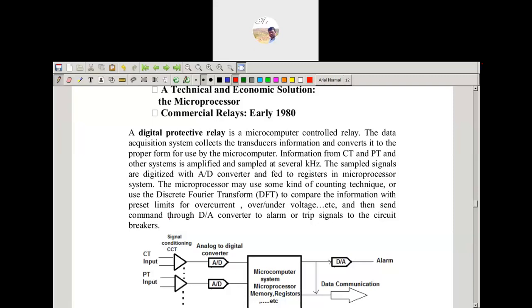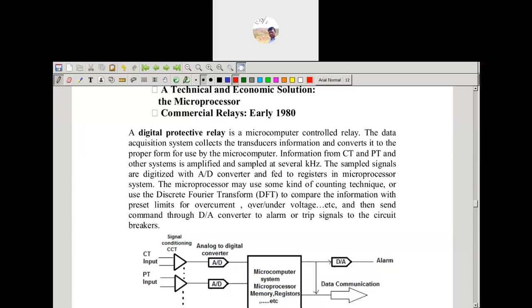That will be collected from the CTs and PTs, and by using the transducer it will be amplified, how much we need. The sampled signals are digitized.